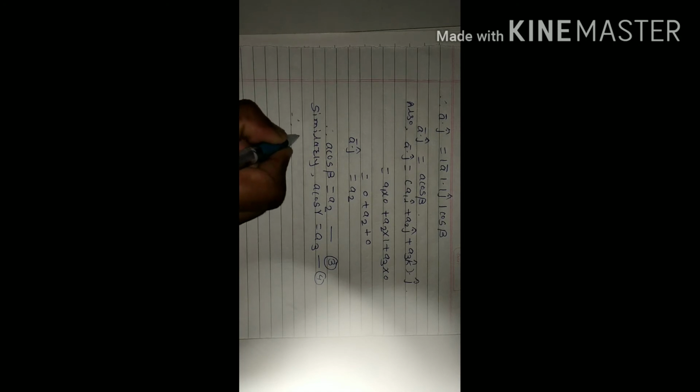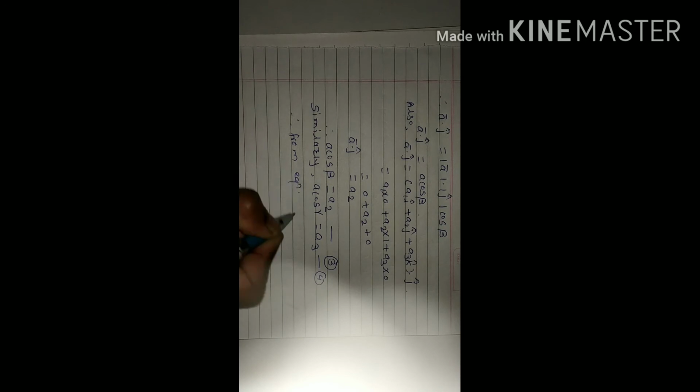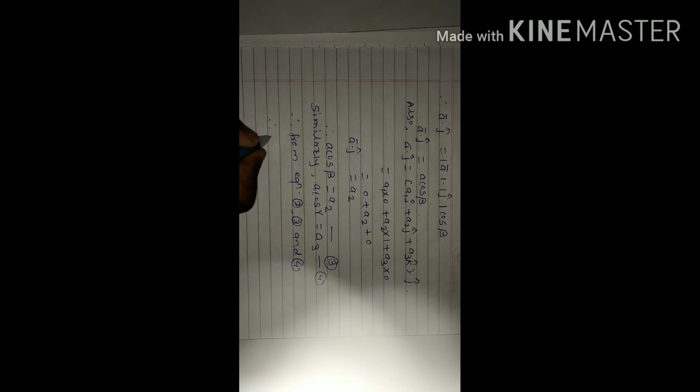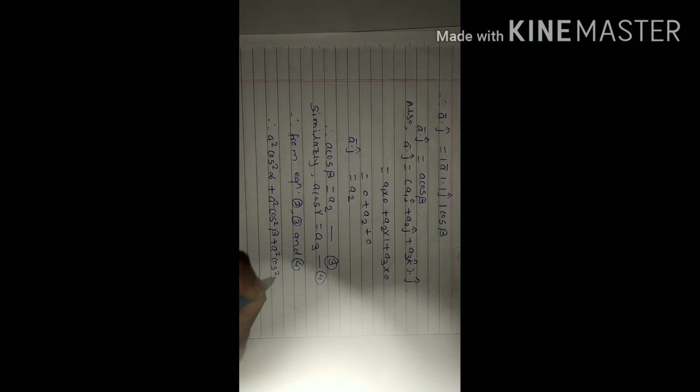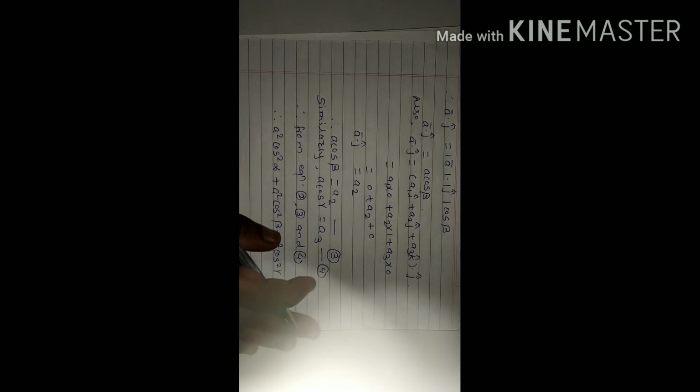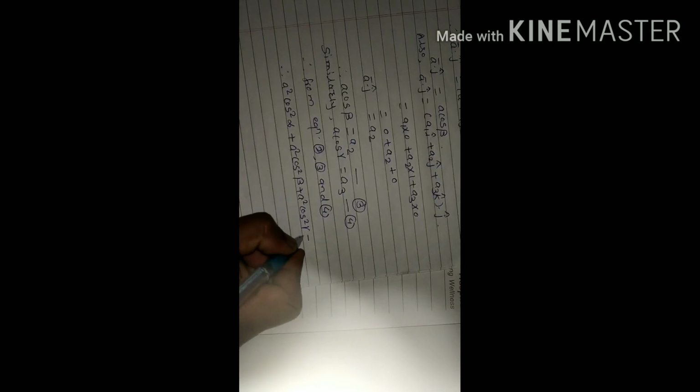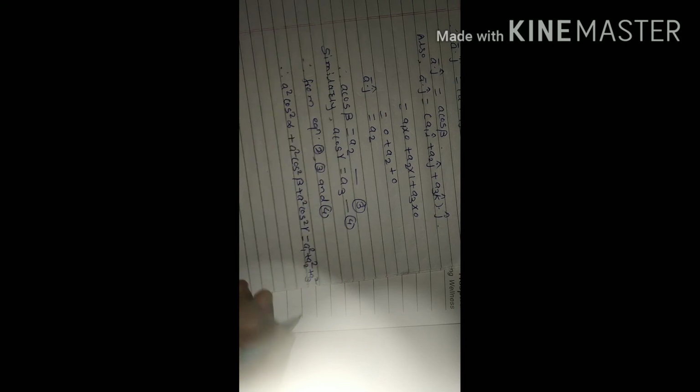Therefore, from equations 2, 3 and 4, we write A square cos square alpha plus A square cos square beta plus A square cos square gamma is equal to A1 square plus A2 square plus A3 square.